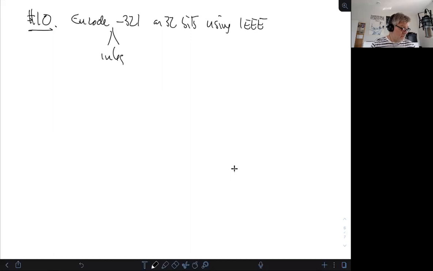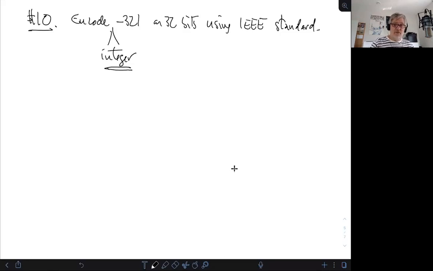This is an integer, and this is important. Again, you have to remember there are 2 ways to keep numbers in memory: for integers there's one way, and floating point is another. These are 2 completely different ways of doing it. Here it's understood we're treating minus 321 as an integer, okay?